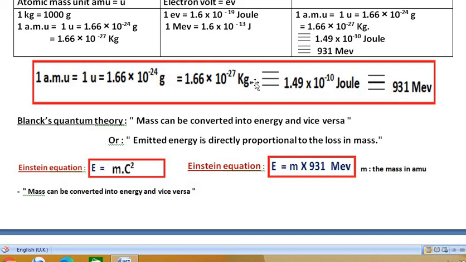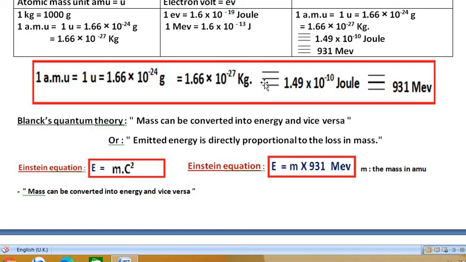This is also another form for the interconversion of mass unit and energy units. 1 AMU equal 1 u, u means atomic mass unit, equal 1.66 by 10 to the minus 24 grams, equal 1.66 by 10 to the minus 27 kilogram.